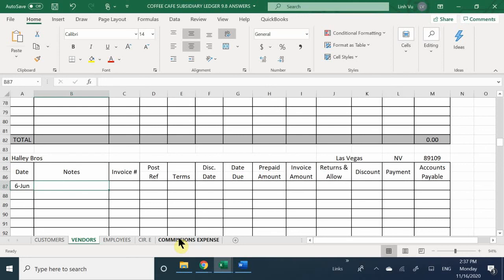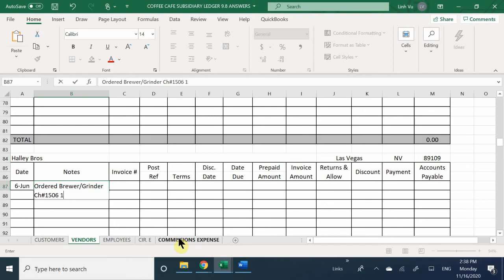I ordered a coffee brewer/grinder. Where is it? Grinder. I'm looking for the G on my keyboard. Grinder and check number 1506, 1/3 down payment.